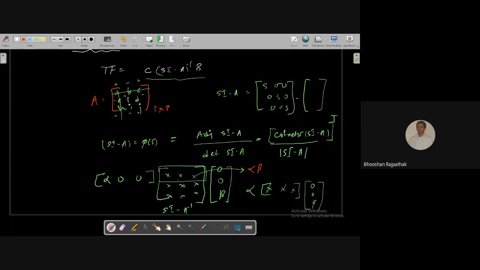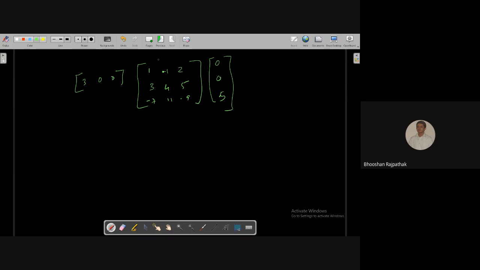Are you getting it? To this matrix, if you are multiplying by alpha 0 0 and 0 0 beta, let's take one example if you are not sure. So a very quick example. Let's say my one matrix is 1, minus 1, 2, 3, 4, 5, minus 7, 11, minus 9, and I am multiplying by 3, 0, 0 and 0, 0, 5, let's say. So you can check first row, first column. This will be just 3, then first row, second column, minus 3, first row, third column, 6.